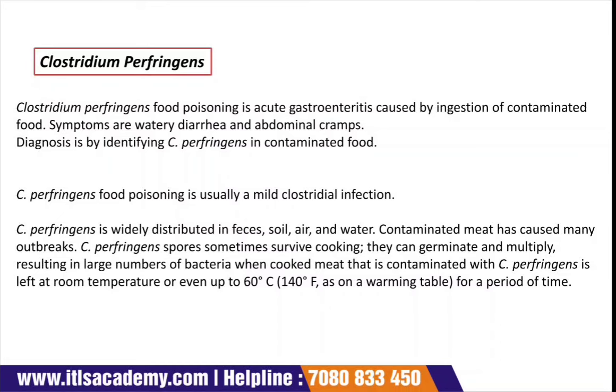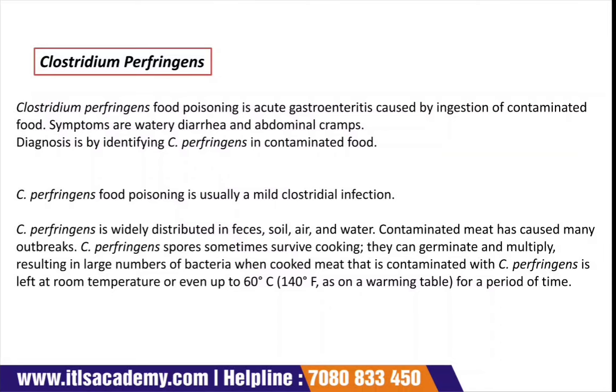So again, Clostridium perfringens is also a type of food poisoning that has a severe impact on your gastrointestinal tract, and it occurs due to the consumption of contaminated food. So what are the symptoms? Watery diarrhea, and lower abdominal cramps.